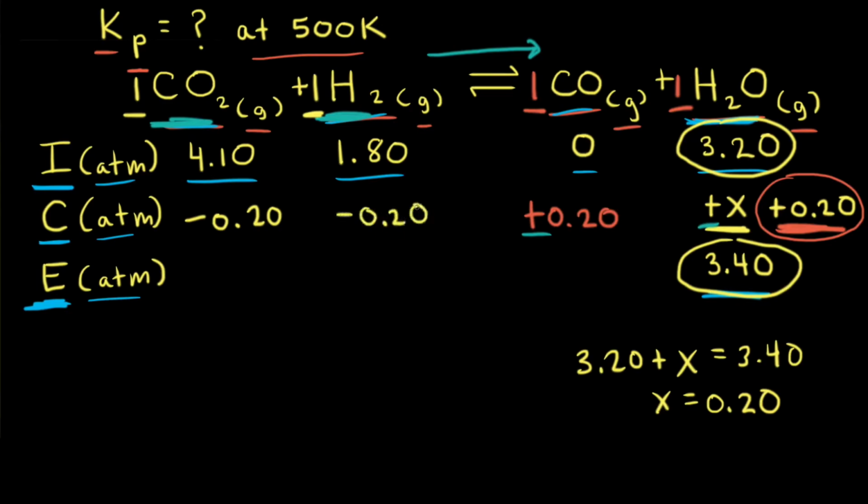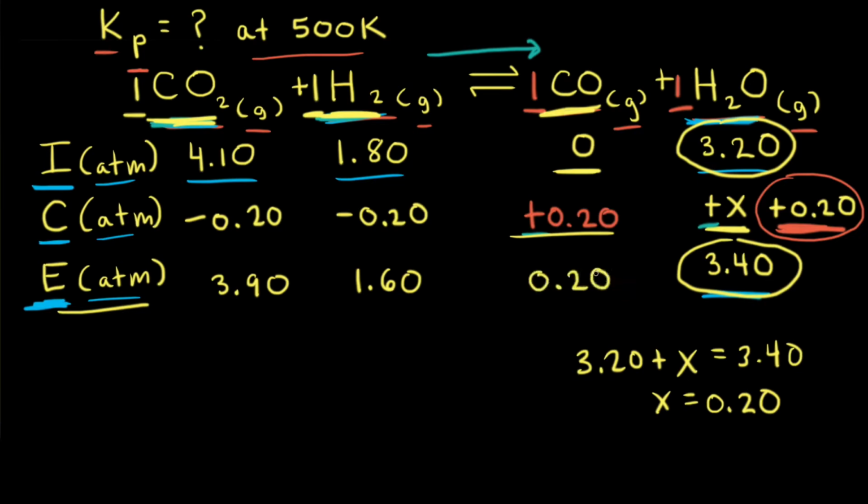Therefore, the equilibrium partial pressure of carbon dioxide would be 4.10 minus 0.20, which is 3.90. For H2, it'd be 1.80 minus 0.20, which is 1.60. For carbon monoxide, we started off with 0 and we gained positive 0.20, so the equilibrium partial pressure is 0.20.